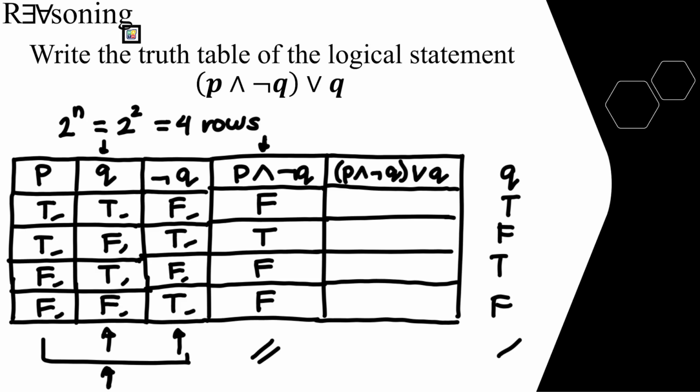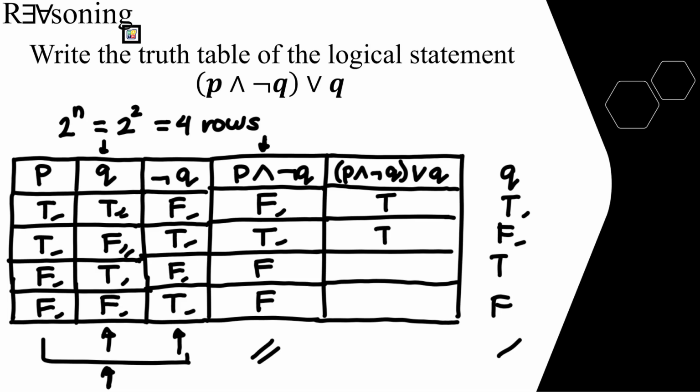Take note that our final operator is disjunction, or, so we only need one of the two to be true for our result to be true. Since this is false and this is true, there's one of which is true. This is true. Next, since this is true and this is false, again, one of which is true.